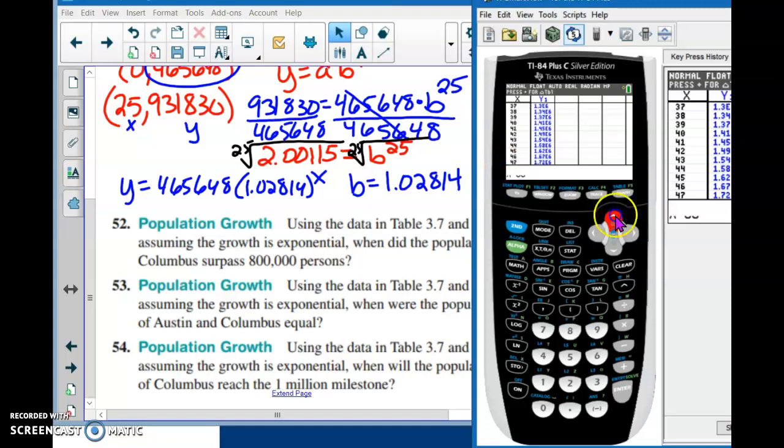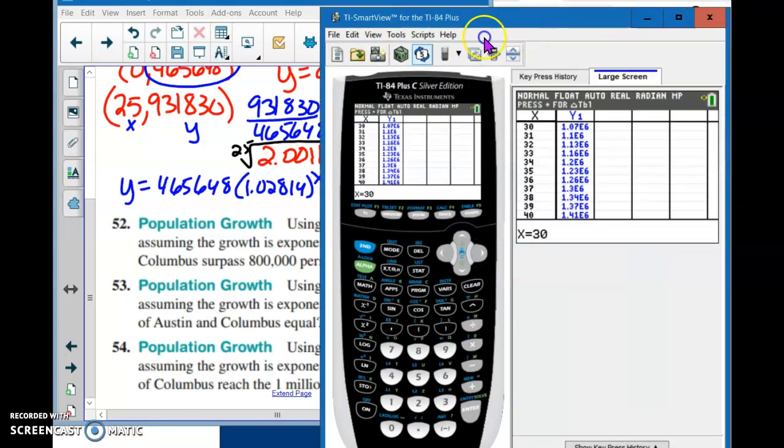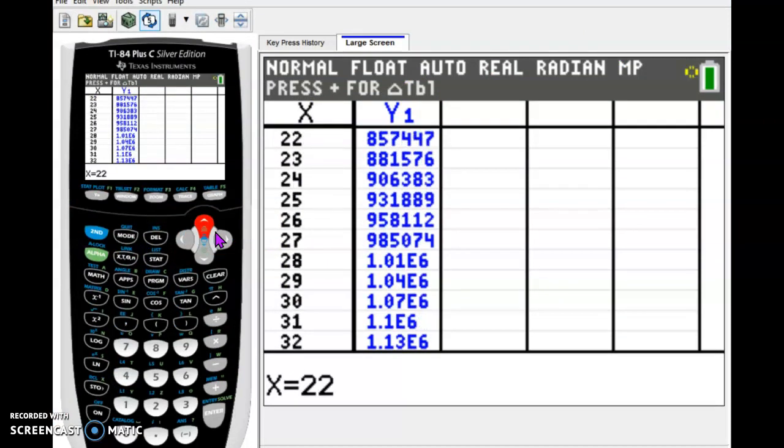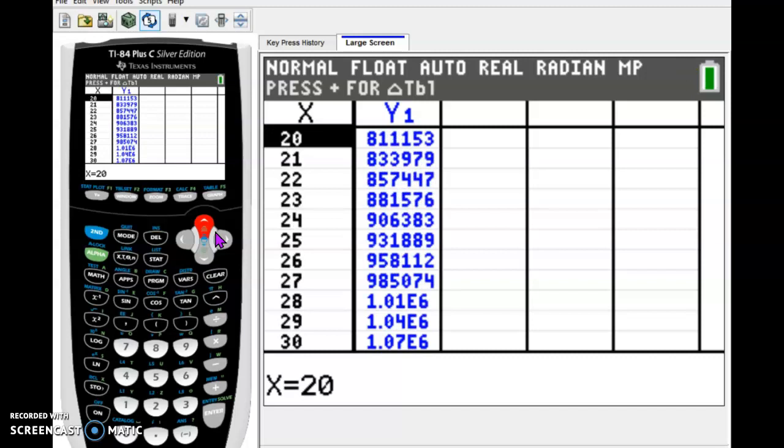This is probably going to take a while, but not too bad. I pressed it too many times, so it's going to keep going. Oh, there we go. Okay, good. So it looks like in year 19, it got to 800,000, because by year 20, it was already after 800,000.